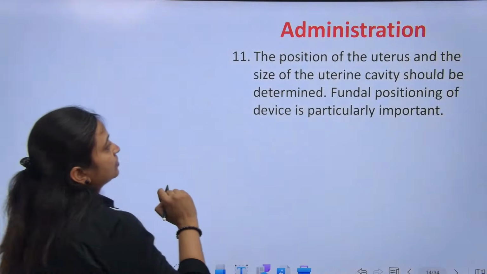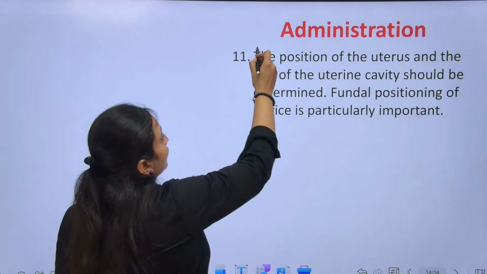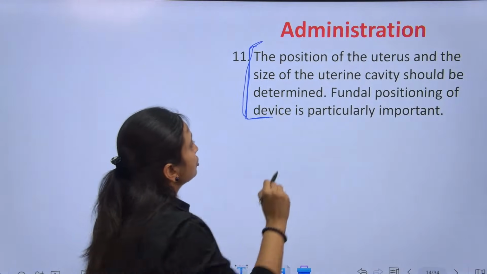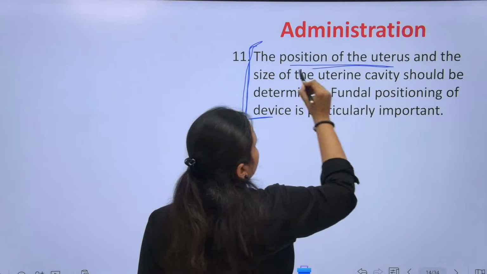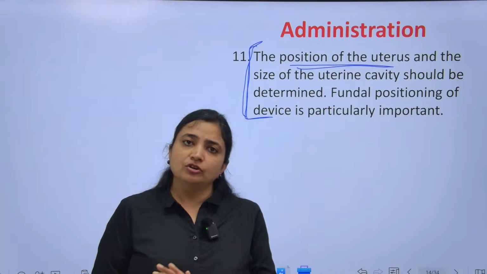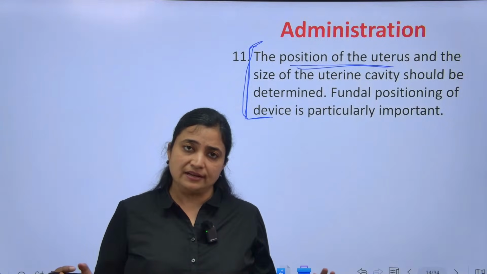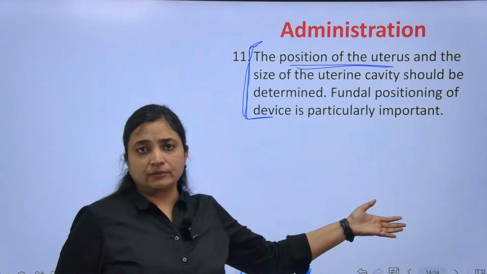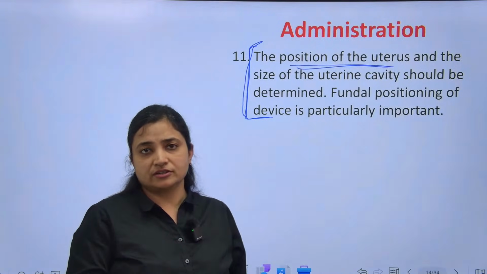Now, administration. The other thing in administration is that the position of the uterus and the size of the uterine cavity should be determined. We have counseled the patient, we have told everything, we have done all baseline investigations, everything is normal. Now the patient is on the table and you are doing the insertion.